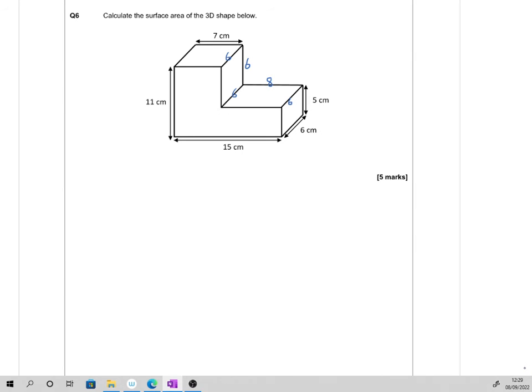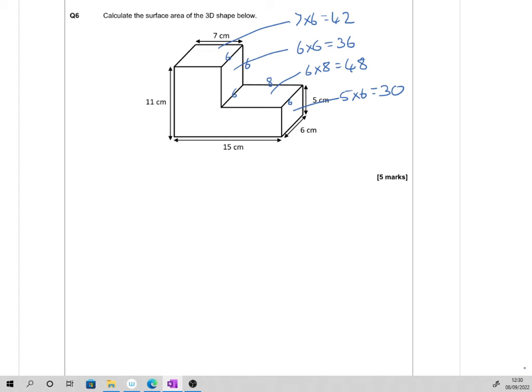Right, so this bit is 7 times 6, which is 42. This bit is 6 times 6, which is 36. This bit is 6 times 8, which is 48. And this bit is 5 times 6, which is 30.